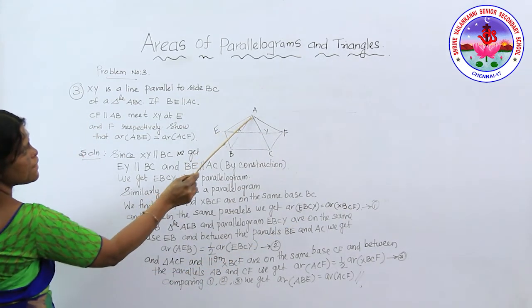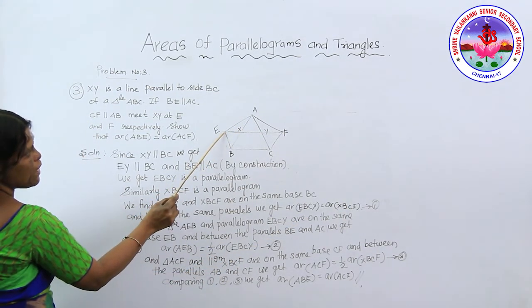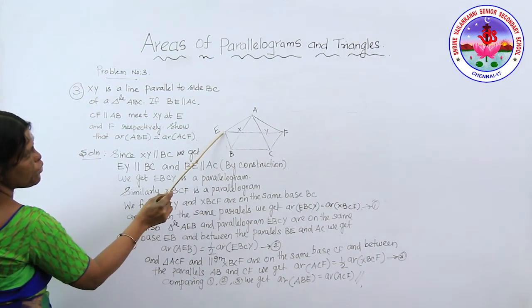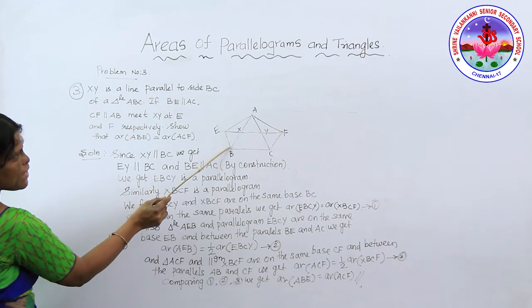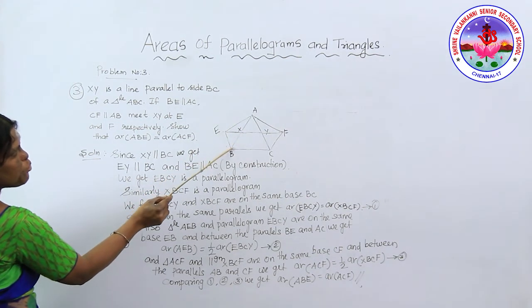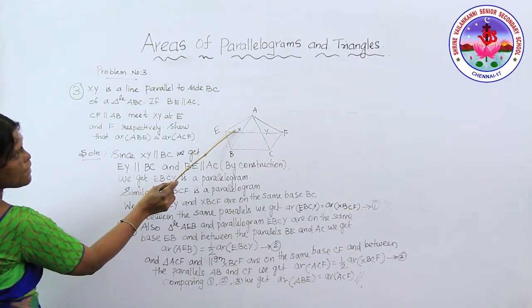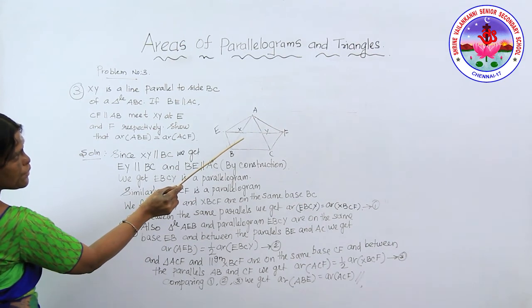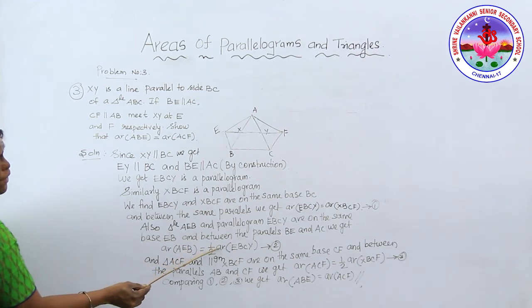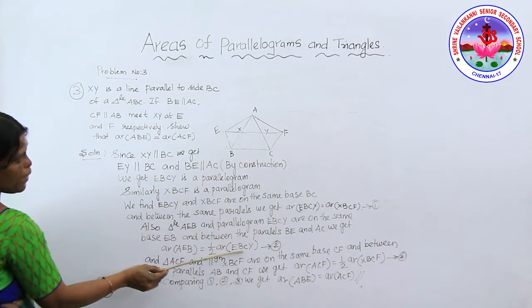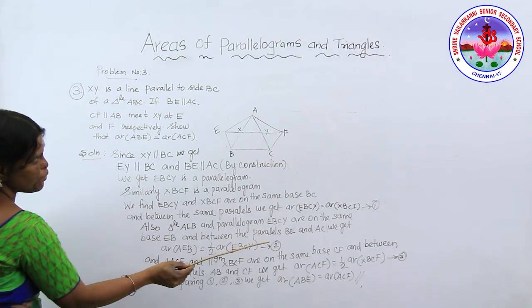Now we consider the triangle ABE and the parallelogram EBCY. We know by the theorem, if the triangle and the parallelogram are on the same base and lie between the two parallels, then area of the triangle is equal to half of the area of the parallelogram. So I am writing area of the triangle AEB is equal to half of area of EBCY. Now calling this equation 2.